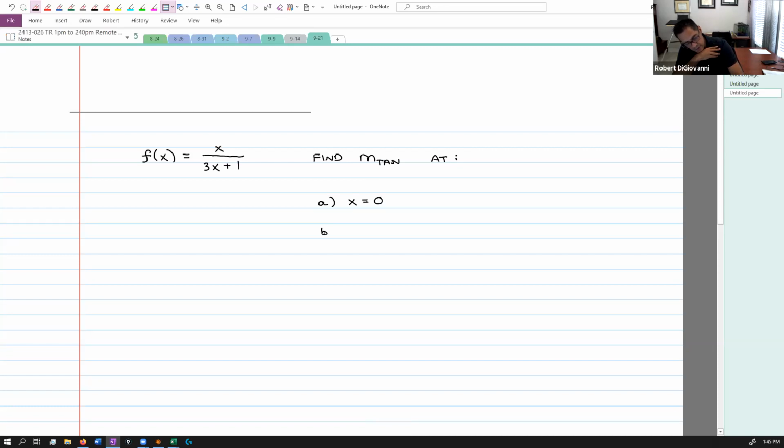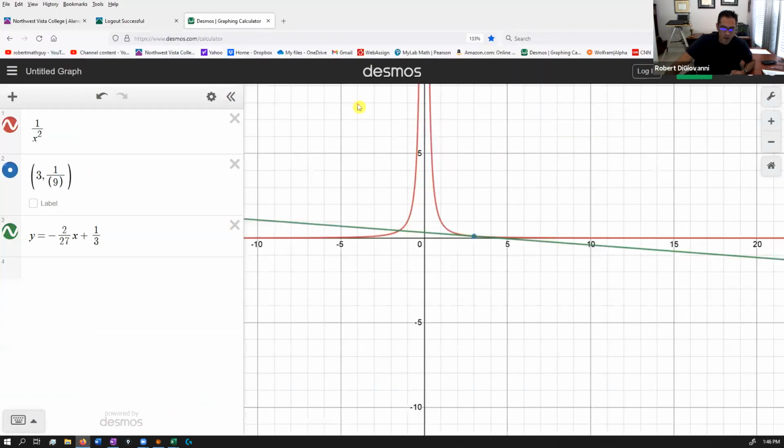I'd like for you to find it at x is 3. How about at x is -5? How about at x is 10? And I'll just throw in one more: x is 1. Write it all down, then we'll talk about it. While you're writing it down, I'm going to graph the function.